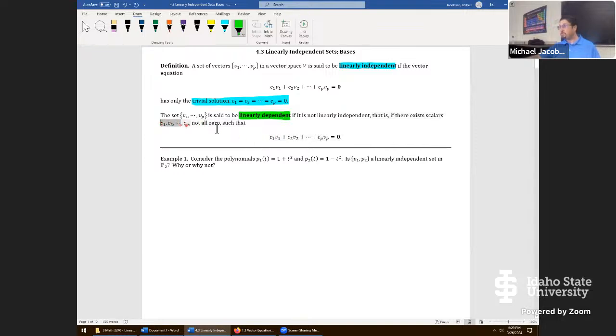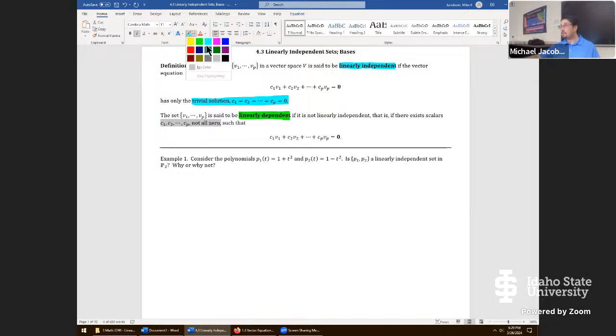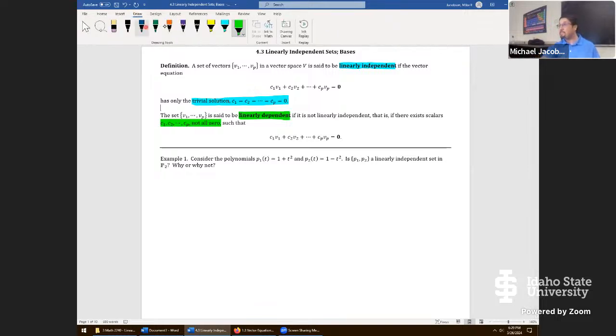But this is the major portion, not all 0. Just like we said here, linear independence means you have a trivial solution. Linear dependence means you have a non-trivial solution to the same vector equation, which must be homogeneous, meaning equals the zero vector on the right-hand side. So that's our core definition.